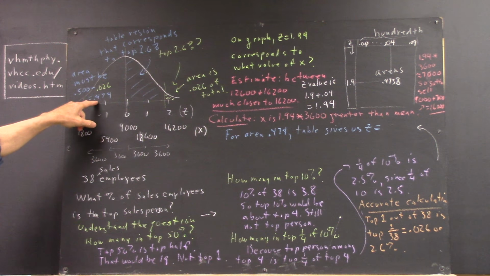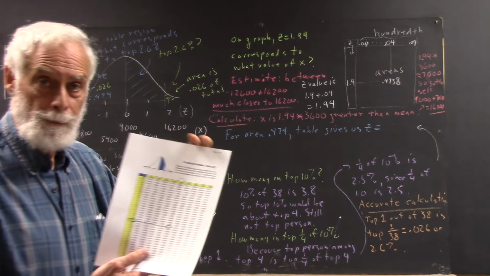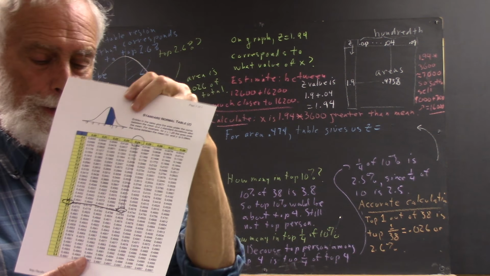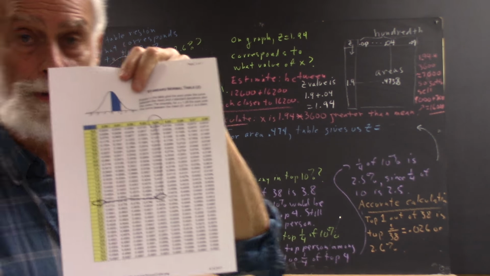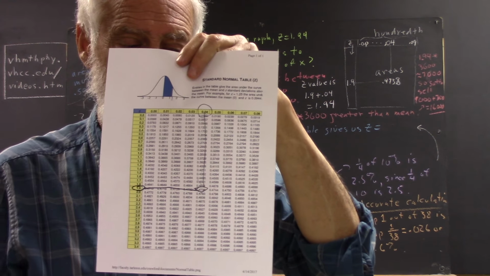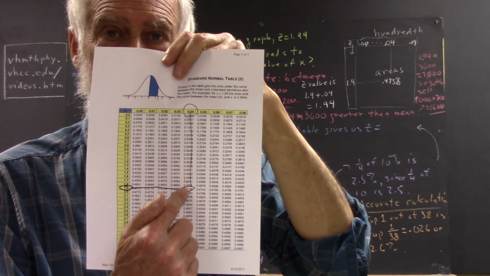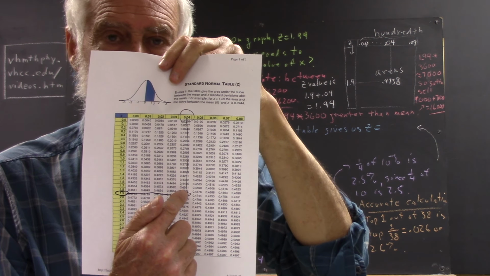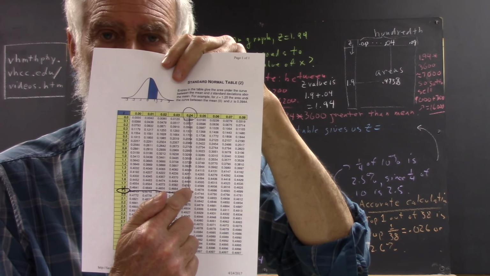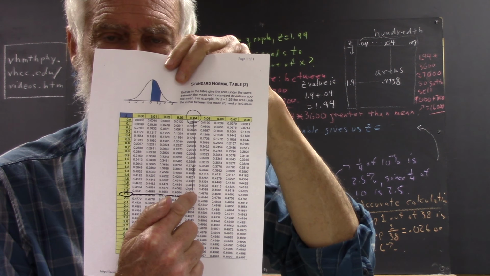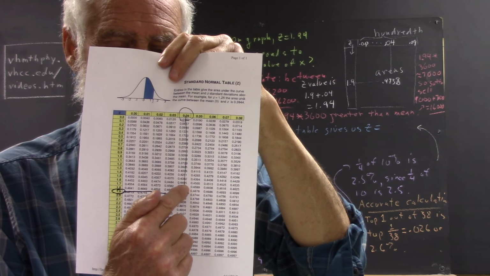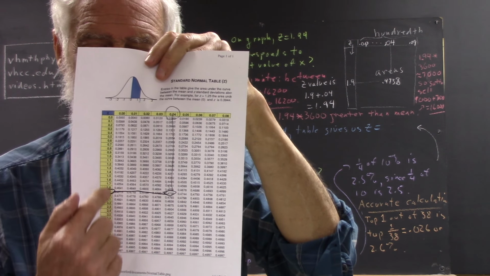Okay, well, 0.474. Now you might not be able to read this. Actually, we got pretty good resolution here, so you might, if the camera focuses. Right here is that number. Now, how do we find the z that goes with this? Because this isn't exactly like the table in your book. Well, z values are over here.